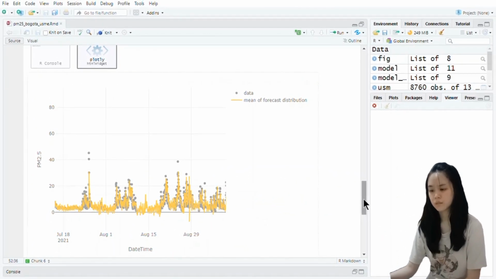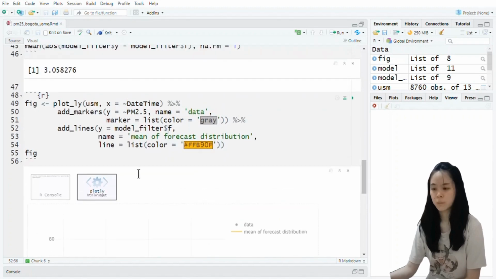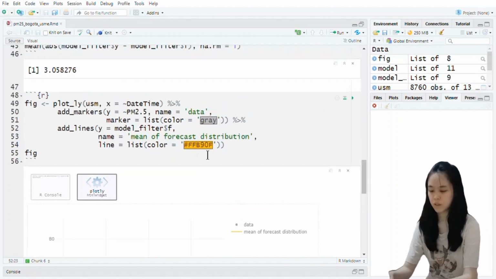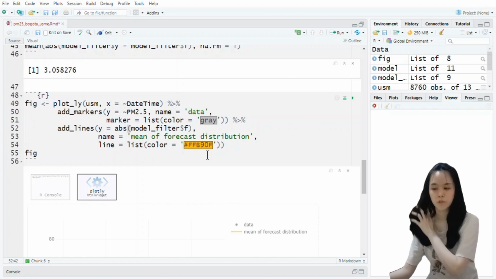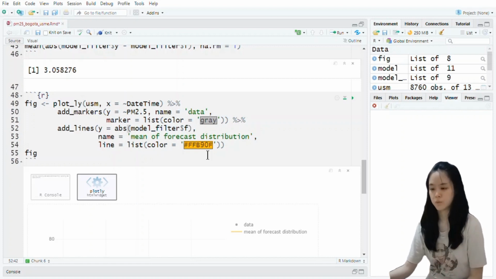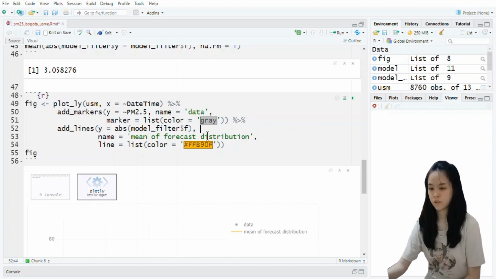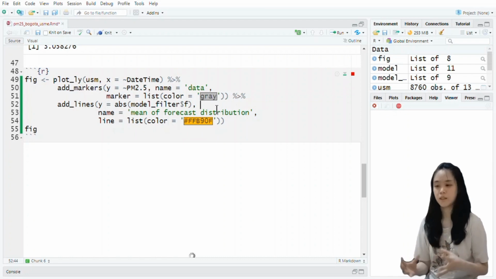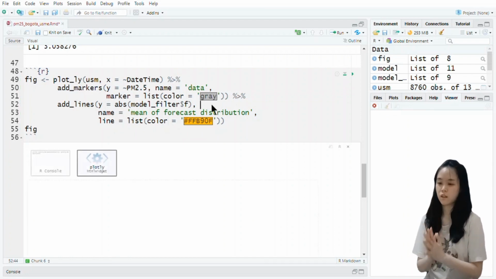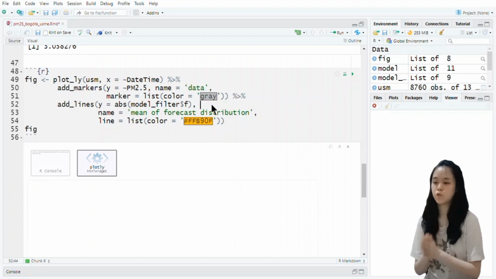So maybe we can deal with this by taking the absolute value of it. Of course, we are taking the absolute value after the filtering process is done, because otherwise the filtering process or the training process would be interrupted. Let's run this. So imagine that we want to give the full data, the imputed and the raw ones, to the organization or to any stakeholders.